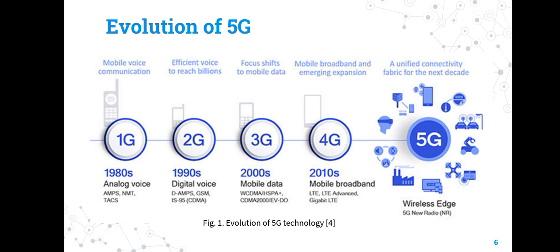When it came to 2G, the focus shifted to digital voice, and with the implementation of 3G, mobile data was introduced. Increased mobile data speed was the focus of 4G technology, which was developed almost by 2010. And when it came to 5G, the main aim is to connect everything, as we just discussed. And for this purpose, 5G is using the latest technological inventions.